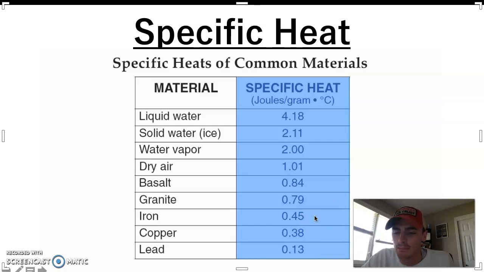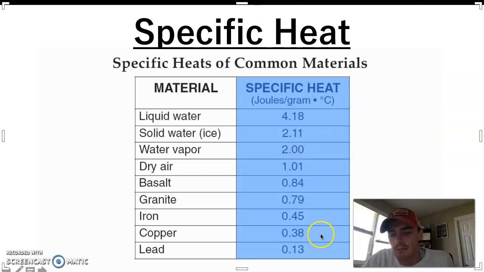If I hold a metal stick in a fire, like a campfire or a hot dog roaster, it heats up really fast, which is why its specific heat is so low. It does not take very much energy to make an iron stick heat up because of the way a metal atom works. On the other hand, water has one of the highest specific heats of all substances on Earth, and that's very important.